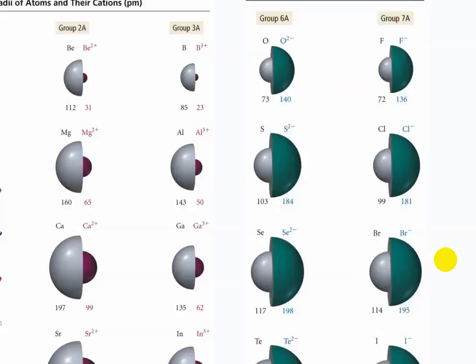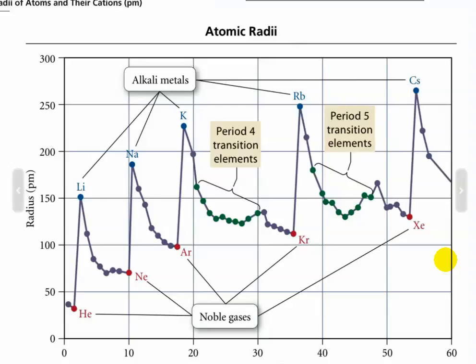If you want to see how everything is arranged, here's a table that shows the atomic radii of all of the elements, well, most of them. And you see the same kind of thing. There's a big jump up in radius every time you go to the next period. And then as you go across the period, you go down in radius.